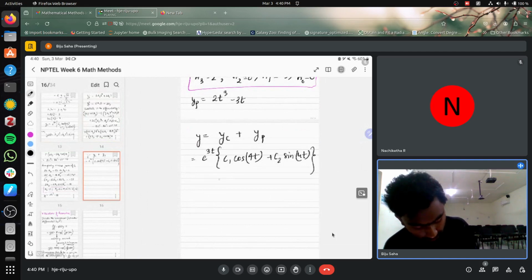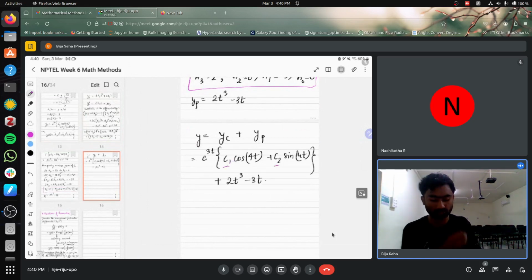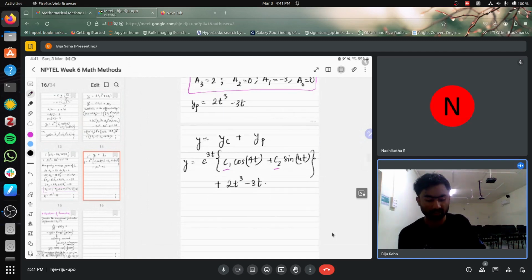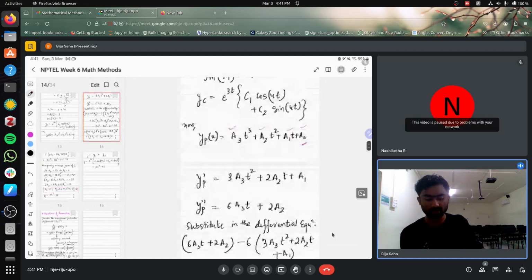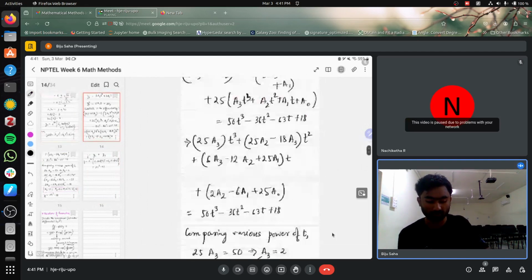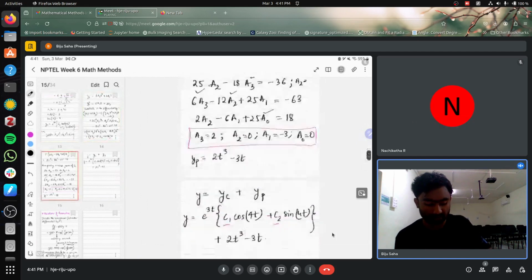And now your particular solution is this. So c1 and c2 are two arbitrary constants that can be determined if initial conditions are given. So overall this is the solution of the differential equation. So we started with an assumption and then we found out the values of the coefficients. So that's what we did in this.